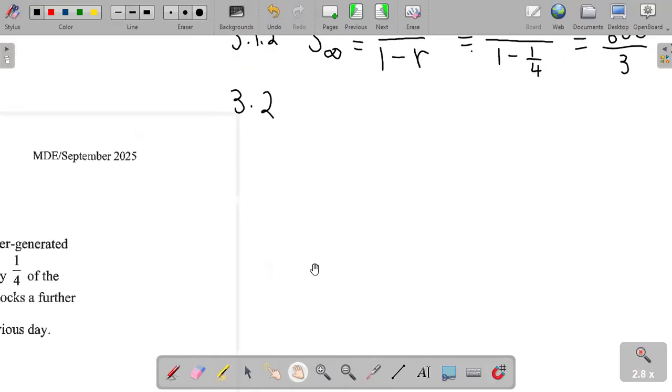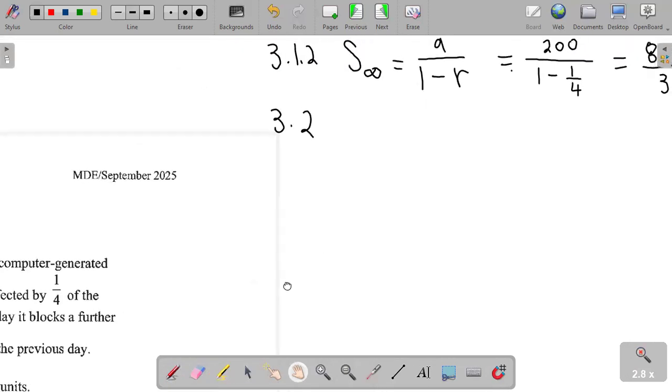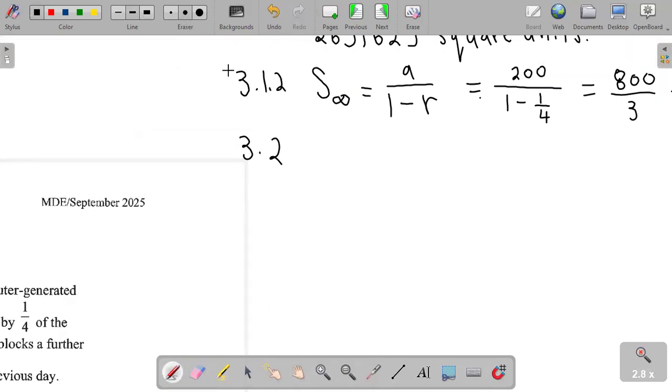So R will be T2 over T1, which is 6 over 9, which is 2 over 3.